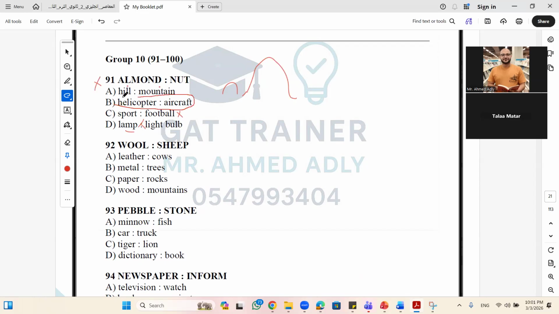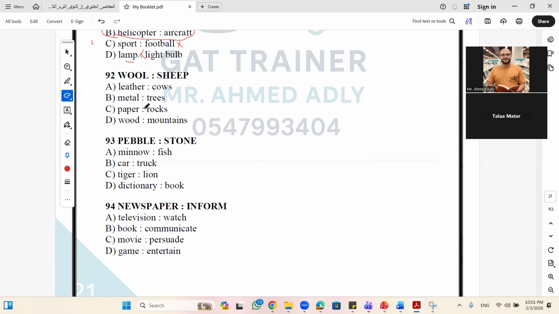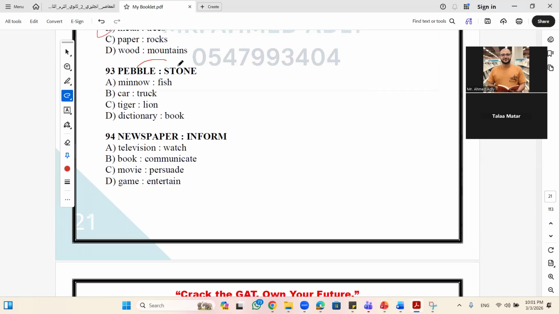The right one here is helicopter. It is a type of aircraft. Wool, this is a material and this is a source. Leather and cows. Perfect. We get leather from cows. Pebble, a smaller form of stones.